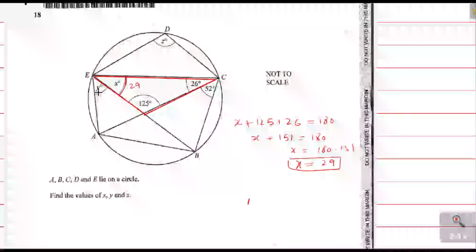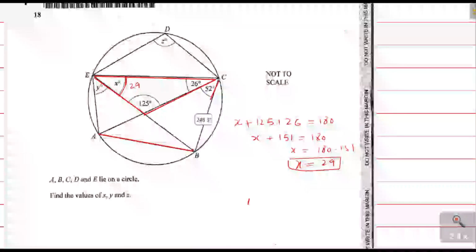Next, to calculate Y degree angle, look here, this is chord AB, and this angle Y is made by this chord AB, and this chord AB also makes an angle on the same segment, which is 52 degrees.